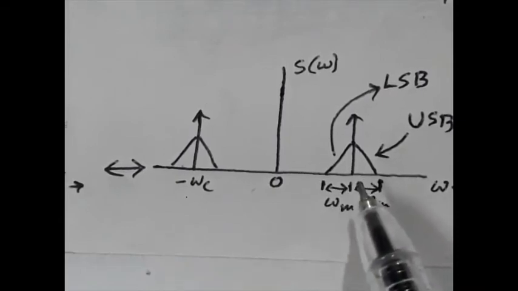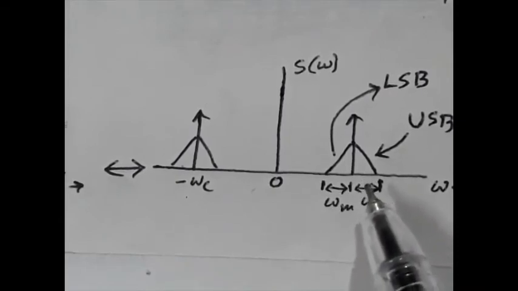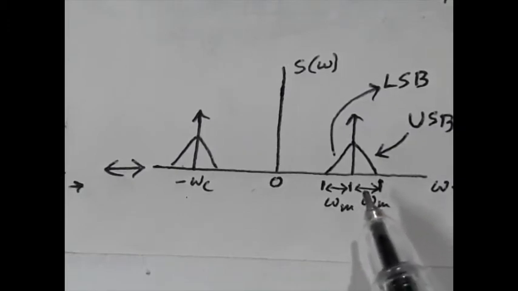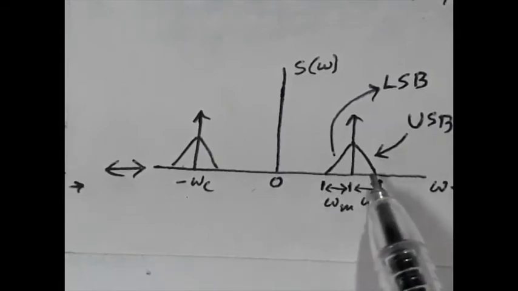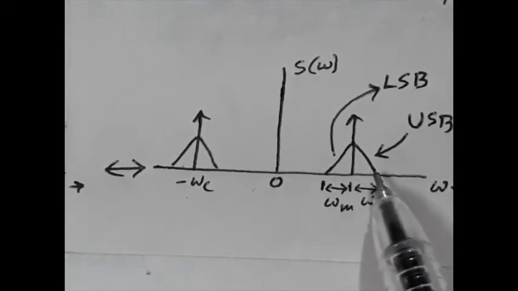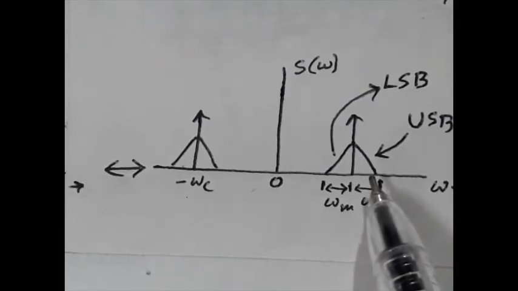If we use linear frequency domain, then instead of ωm we have to write fm hertz. That means this width will be twice fm hertz. So if fm is the maximum frequency component, we can write ωm equal to 2π fm.